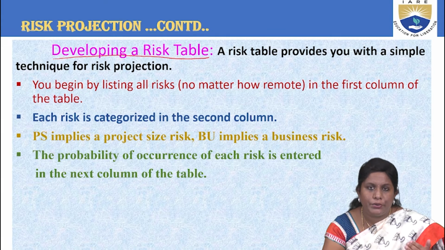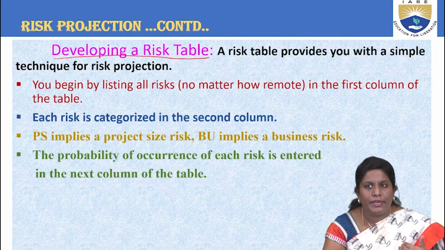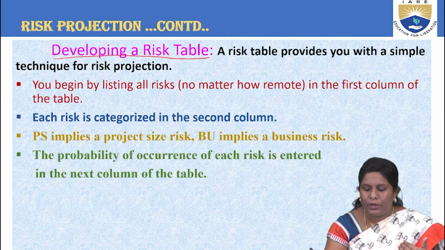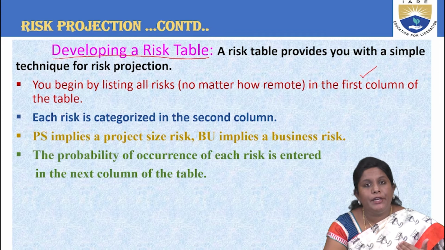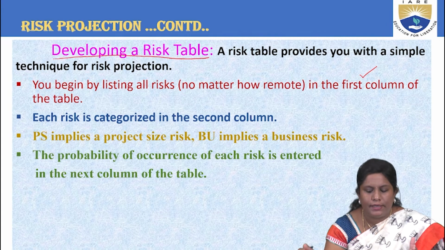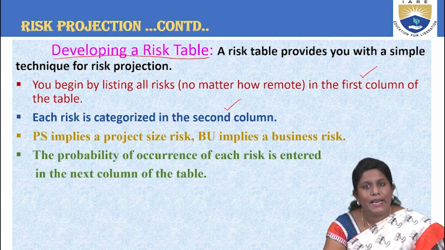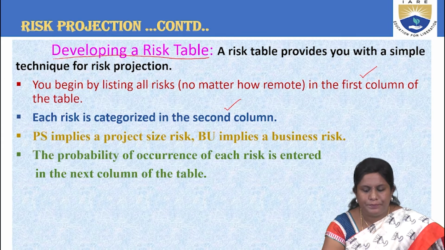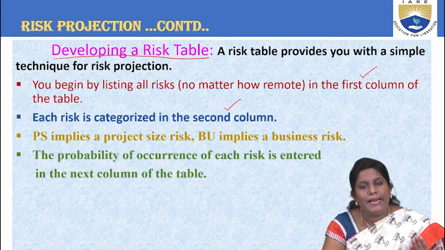Now, how are you trying to jot them down in a particular table? The first column, that whatever we are taking, you are trying to list all the risks that have been existing in the first column, and each risk is being categorized in the second column. What are the categorization we have just seen, right? That is catastrophic, critical, marginal, and negligible.